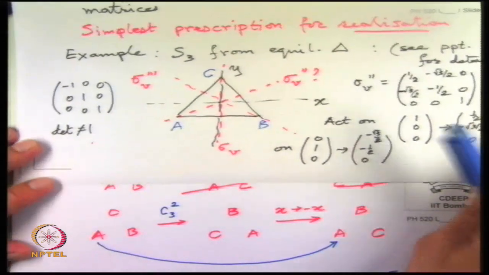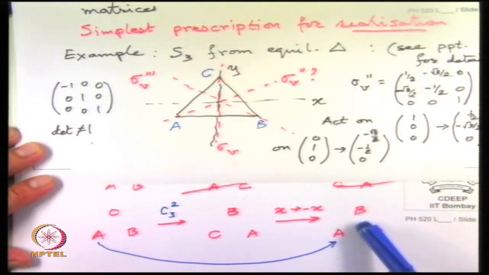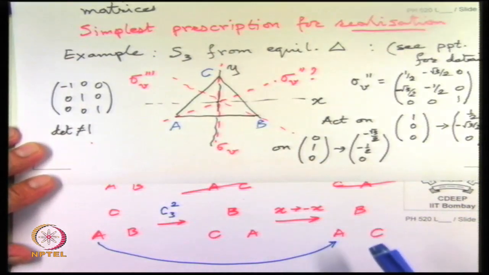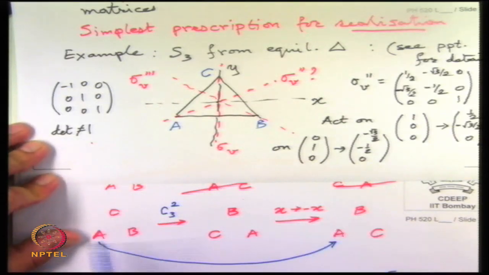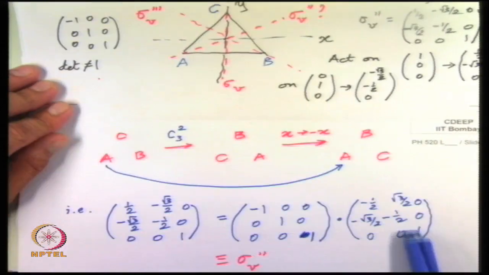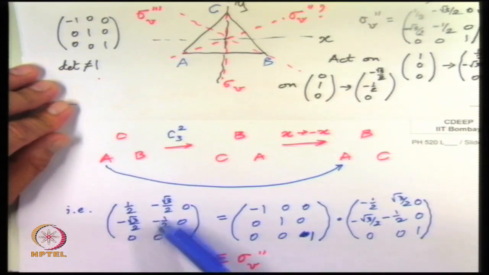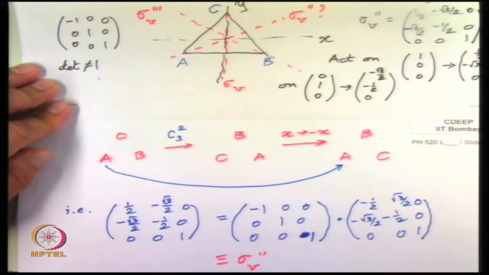But I think our characterization of sigma V double prime is correct. This sequence is correct. Our calculation here is correct, that we can write this matrix, which however is here C31.